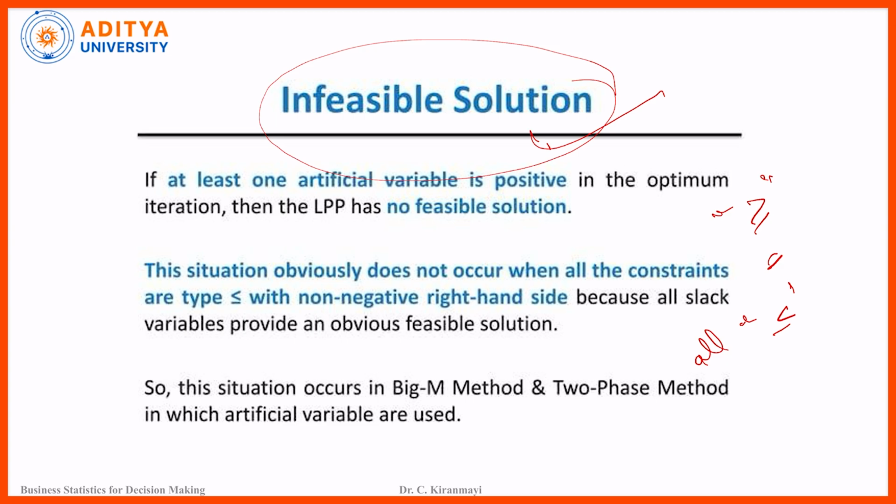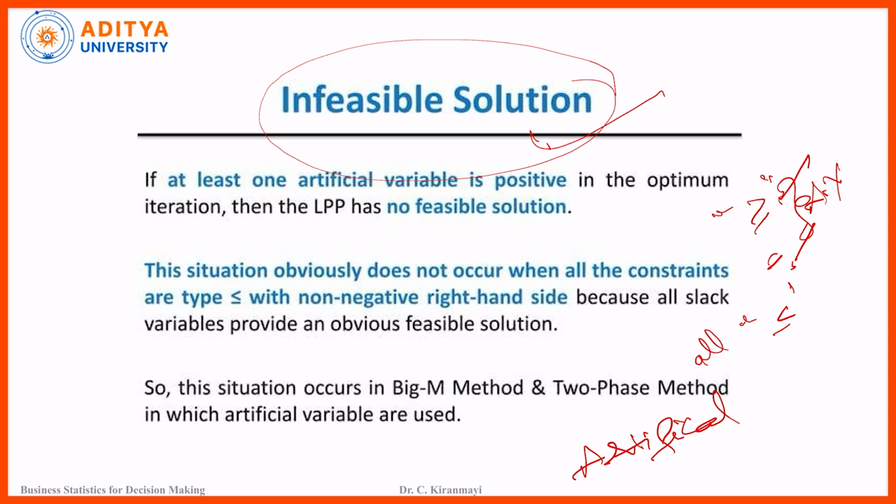But if the problem has greater than type or equal to type constraints, we introduce artificial variables. For less than type, we introduce only slack variables. For equal to and greater than type, we introduce artificial variables.